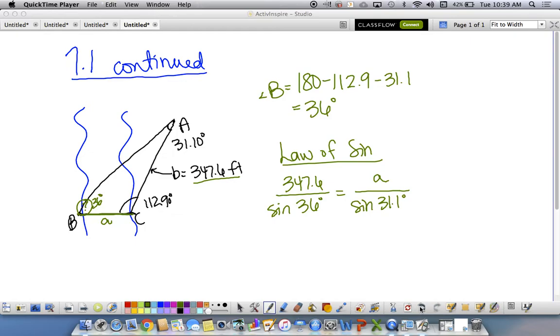All right, I'm cross multiplying. So I have 347.6 sine 31.1 equals A times sine of 36. If we are solving for A, how do we isolate A? We're simply going to divide by sine of 36.